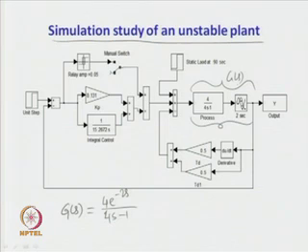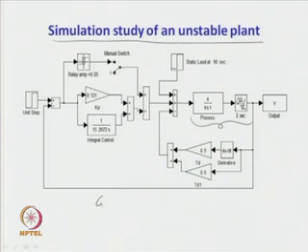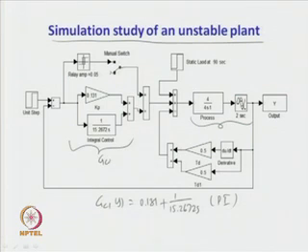G(s). Now, we have got two controllers in the loop. The controllers are given as GC1(s) is equal to 0.131 plus 1 upon 15.2672 s. So, this is the PI controller we have in the feed forward path. So, this is the controller GC1(s).